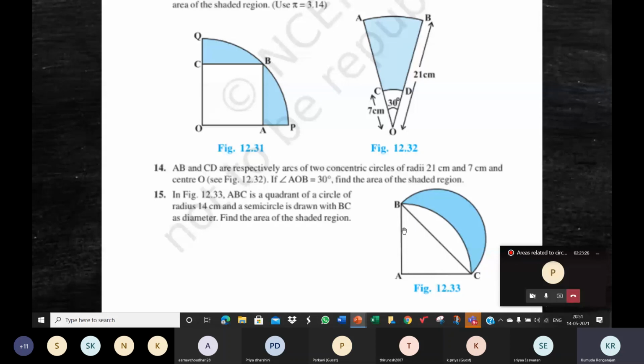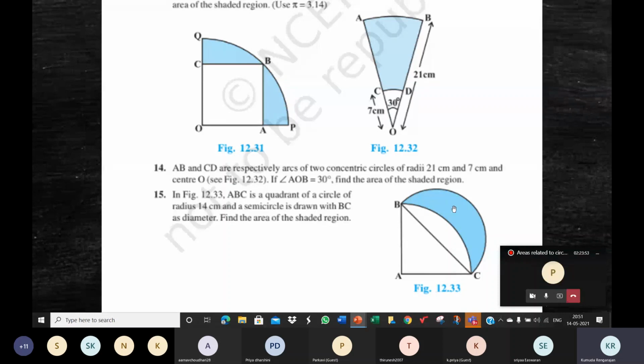So Parkavi says area of the triangle plus the area of the semicircle minus the area of the quadrant. You're right, Parkavi. This is the area of the triangle, plus the area of the semicircle, so this full thing.